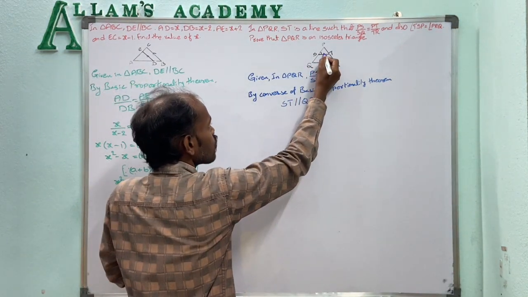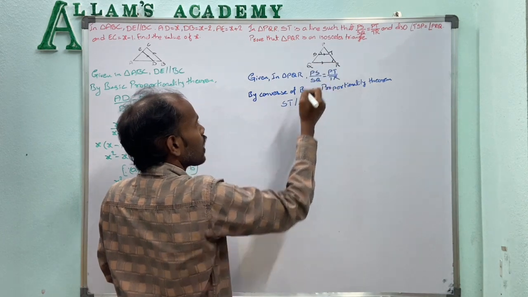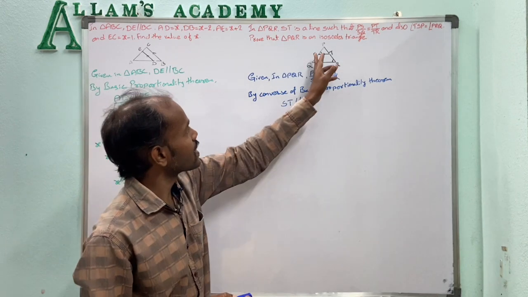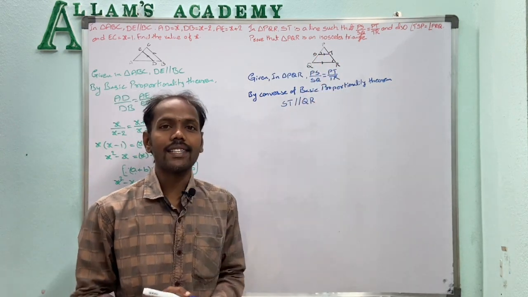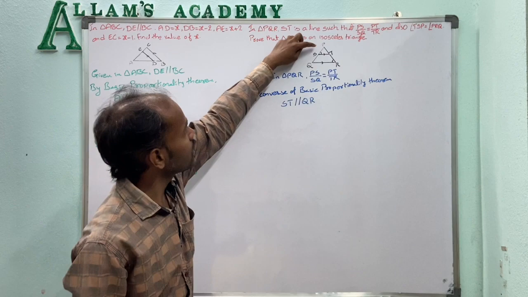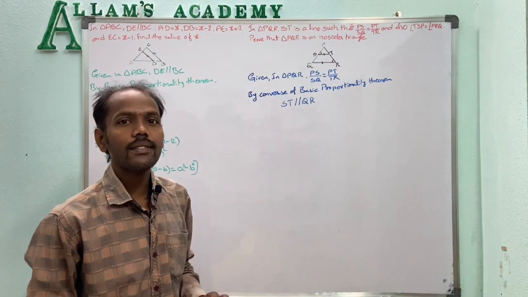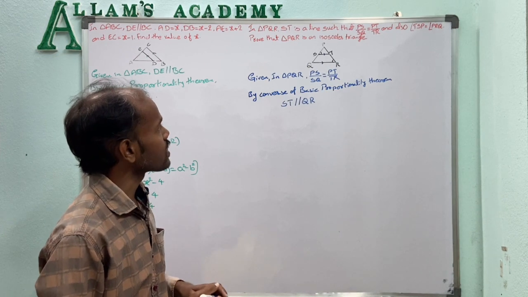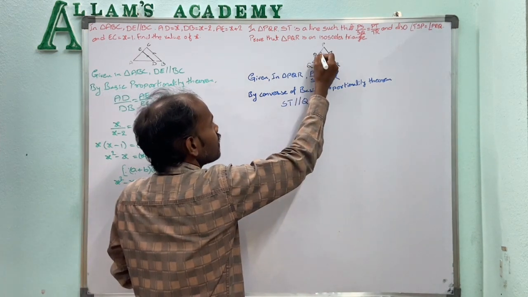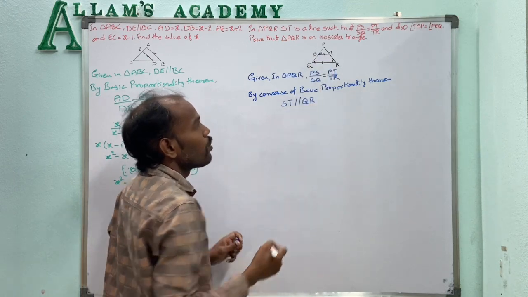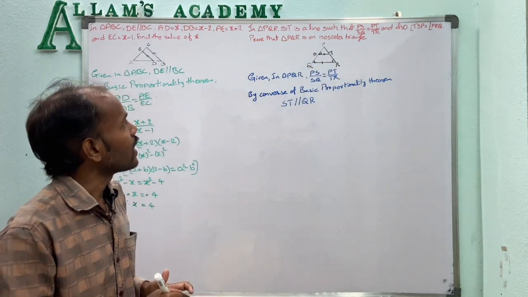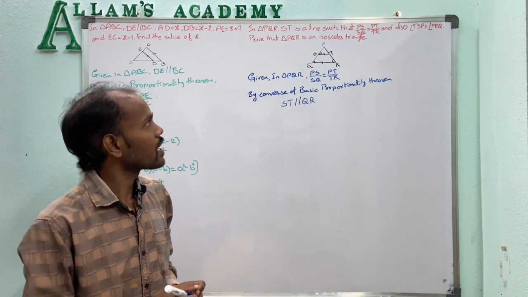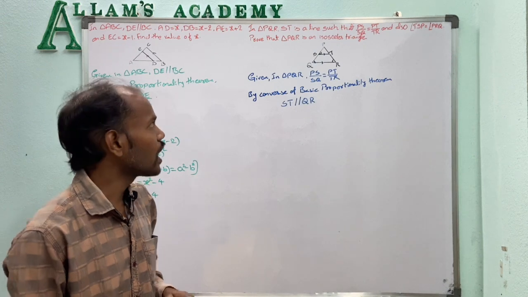That means these two are parallel lines. So if we take ST and QR as lines, then this PQ is called transversal. In this transversal, angle S and angle Q are called corresponding angles. Corresponding angles are equal.